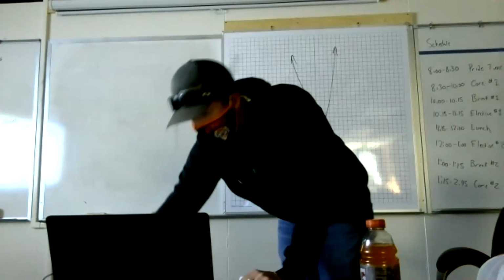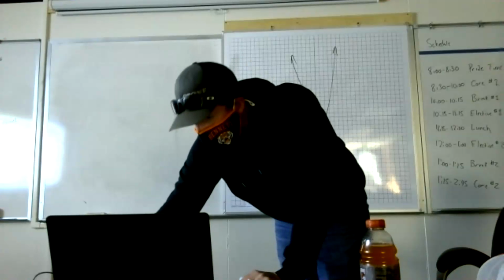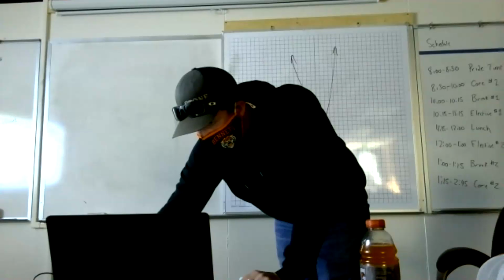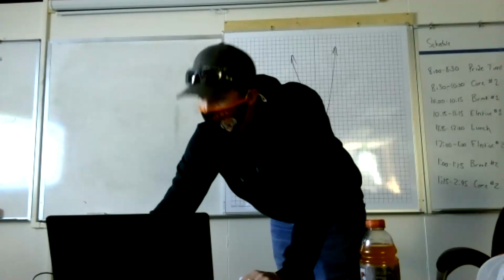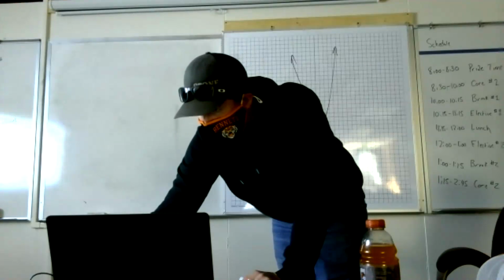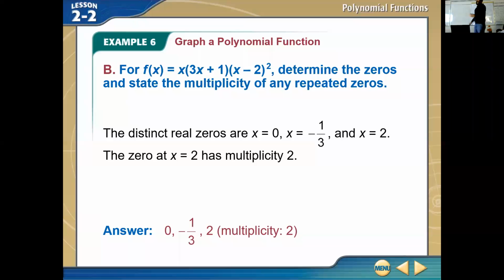What they're going to ask you to do is select a couple more points to plug into this equation. And you want to plug in simple, easy points. Okay? Because right there, we have the majority of the critical points.